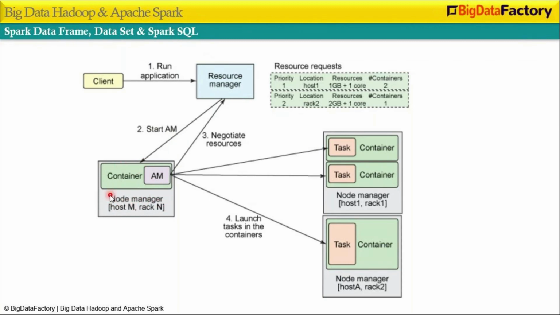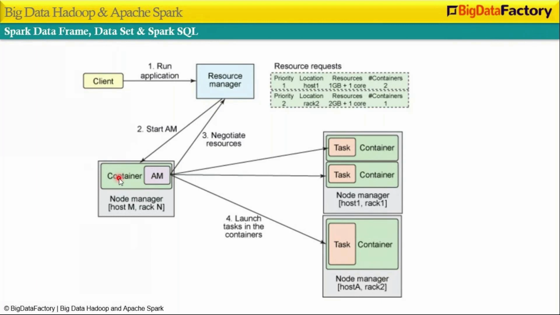Inside a particular data node, it runs a container, and in that container the application master runs. The container is a combination of certain memory and cores, certain hardware blocked in order to run the application master. So that is the second step: the resource manager initiates the application master.